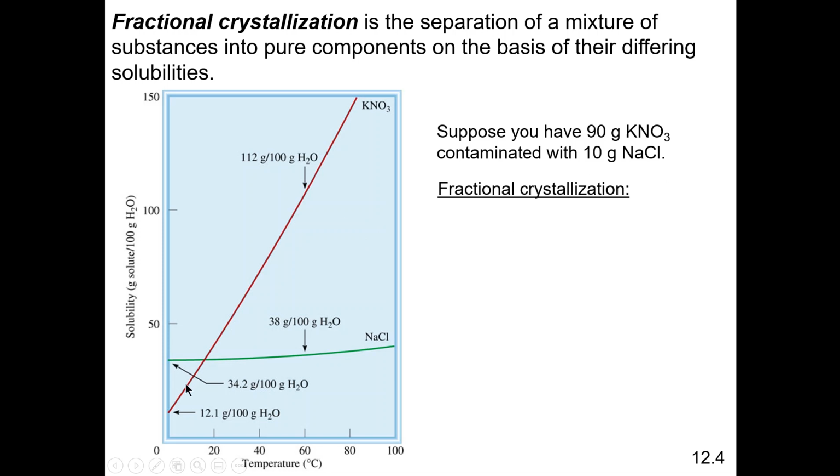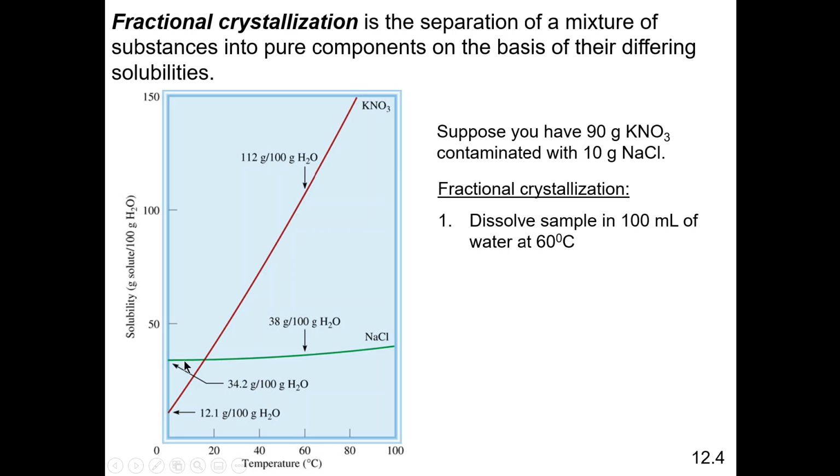You'll notice here that the solubility of potassium nitrate at 60 degrees Celsius is 112 grams per 100 grams of water. But if you lower the temperature down here, you see that the solubility of potassium nitrate is reduced significantly.